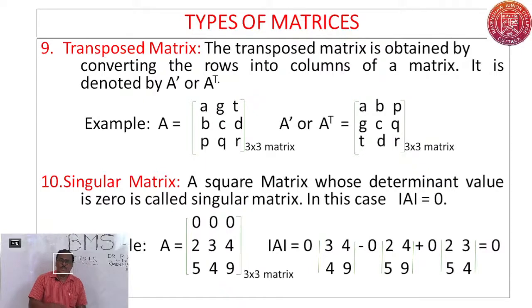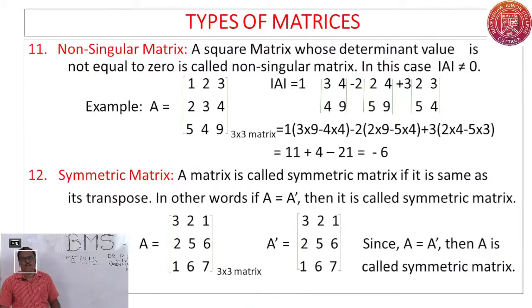In the next slide comes the non-singular matrix, which is the opposite of a singular matrix. That means the determinant is not equal to 0; we find some magnitude. The example given is 1, 2, 3, 2, 3, 4 and 5, 4, 9.